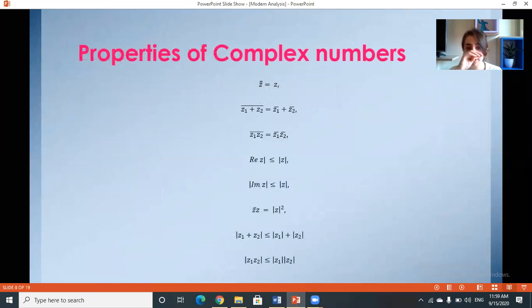There are some properties. The conjugate of the conjugate of a complex number is equal to itself. Okay, and here are some properties of the sum of conjugate complex numbers, the multiplication of, and the modulus of, real z, imaginary z, and so on.